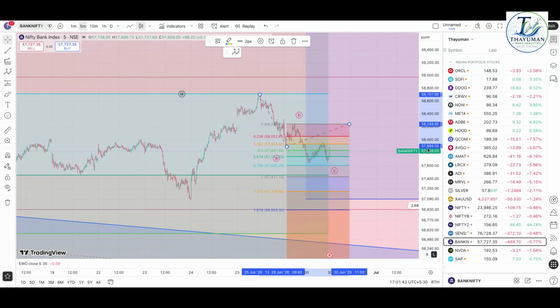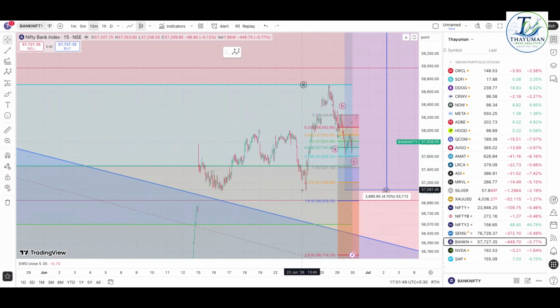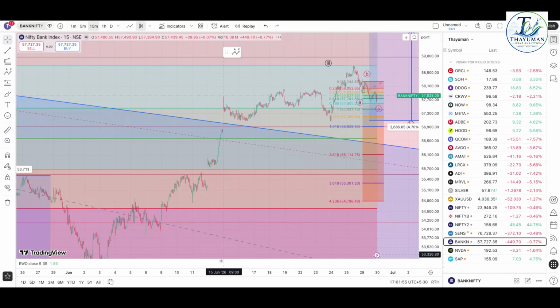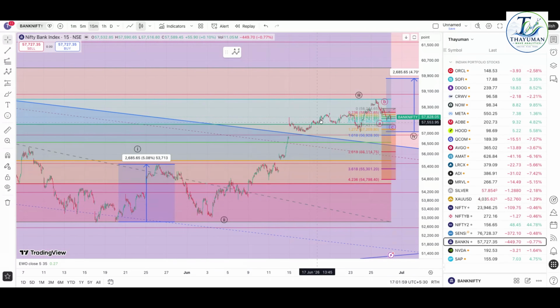What factor? Let's see, maybe 1 or 1.618. If it retraces the previous level of 4, what I mean by the previous level of 4 is this. Here we had a 2 to 3 impulse wave.